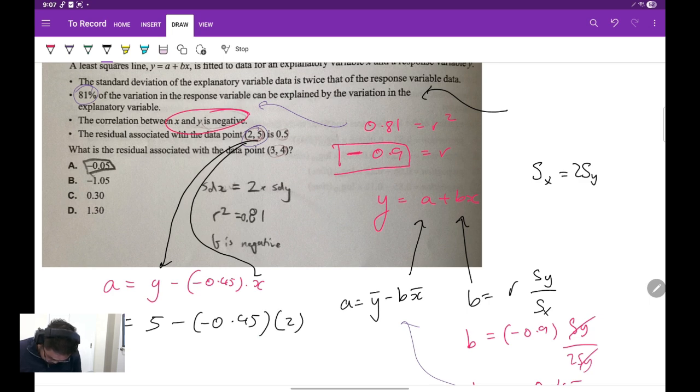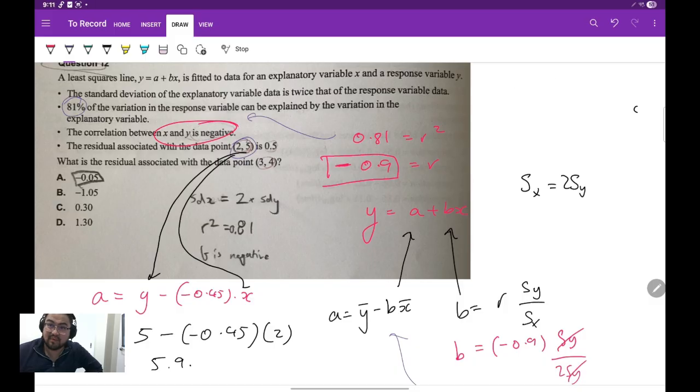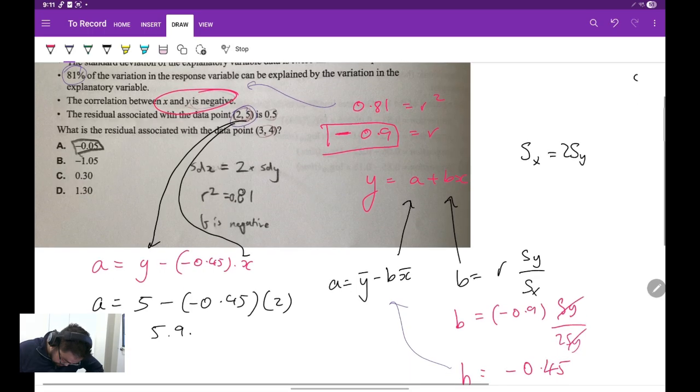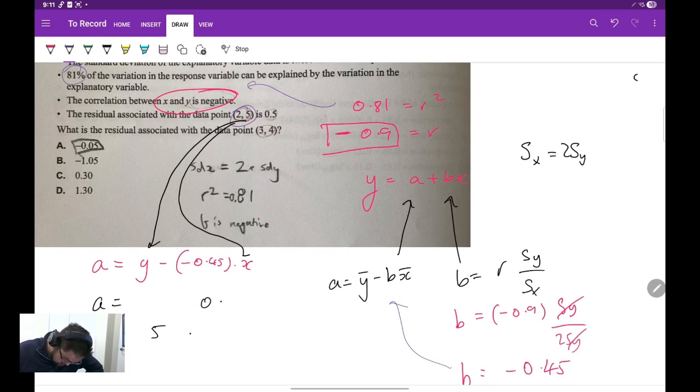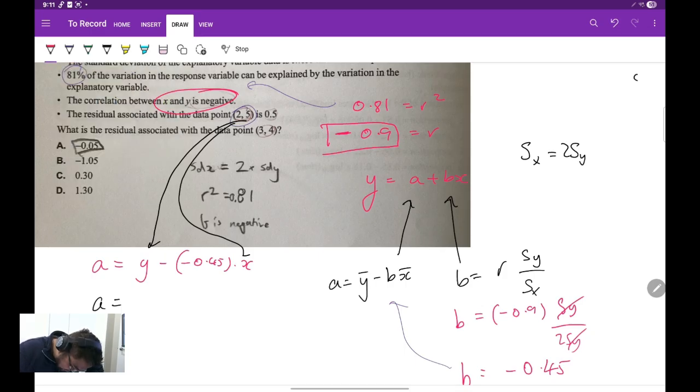A is equal to, oh my, I just realized with this question here, I was just about to sub in 5 and go through my process, but I have to remember this point is not 2, 5. This point here is the actual data point. So the actual theoretical point is 2, comma, actual minus predicted is 5.5.